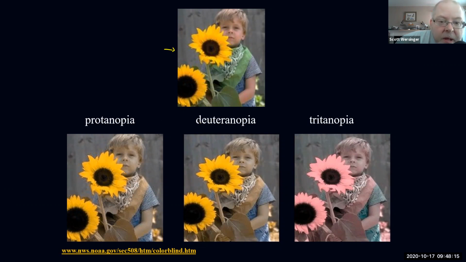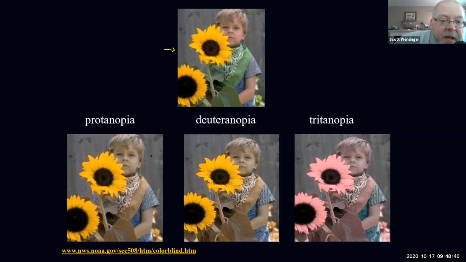Don't worry about these names here, but if we're lacking different cones, remember we have 3, short, medium, and long wavelength cones. Depending on which one we're lacking, we're going to view things differently. Now, do these people still have color vision? Yes. But is it typical? No, it's different, right?